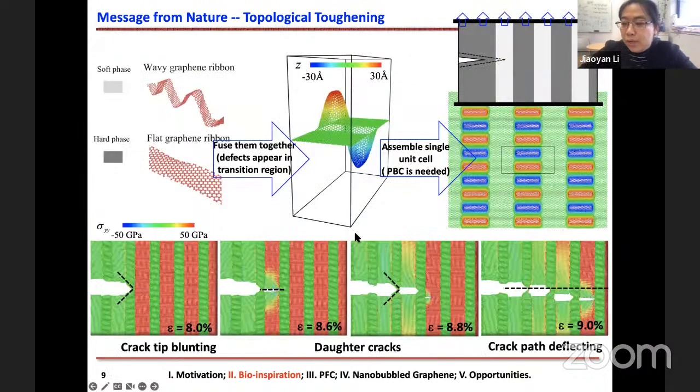What we do here is to choose a similar wavy pattern, a standard wavy graphene ribbon, and we also try to fuse this wavy pattern with the flat pattern together.